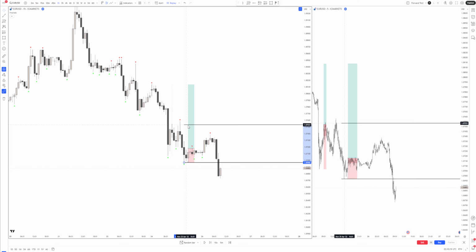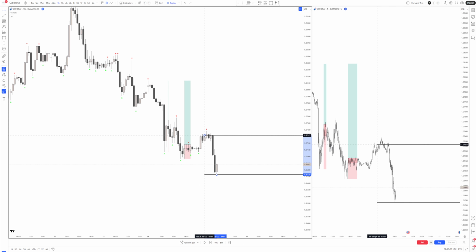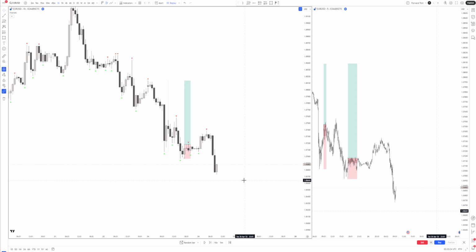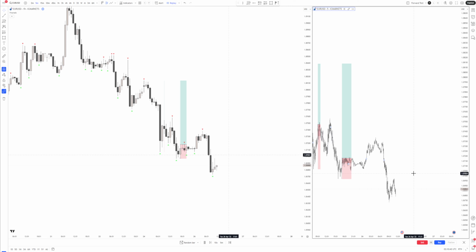Everything there, so we will ignore that. But we have got a situation where price is trying to create that new low there, so we're not gonna do anything just yet. We're gonna wait and see if we get a little dot, and then we will confirm. So far we've been stopped.